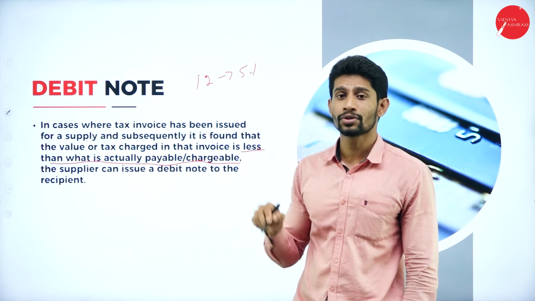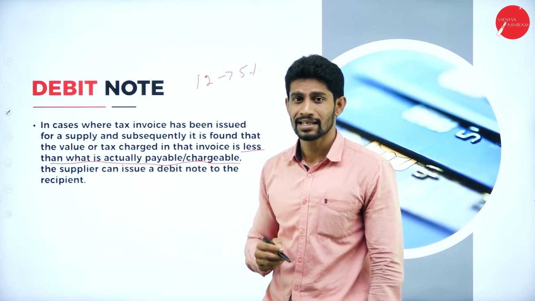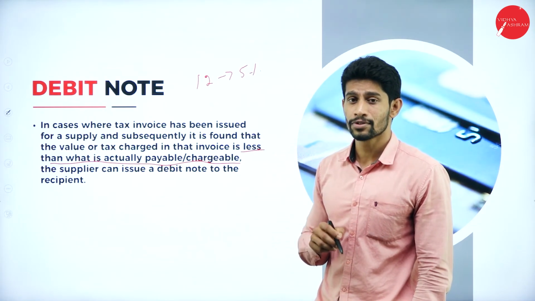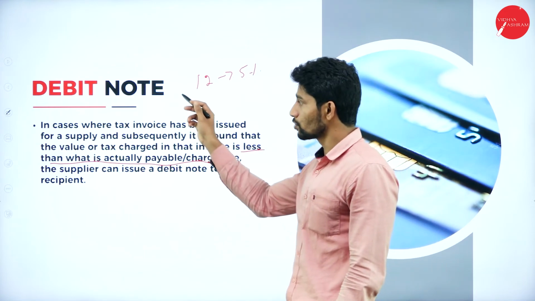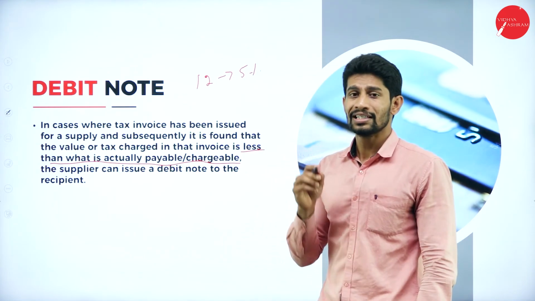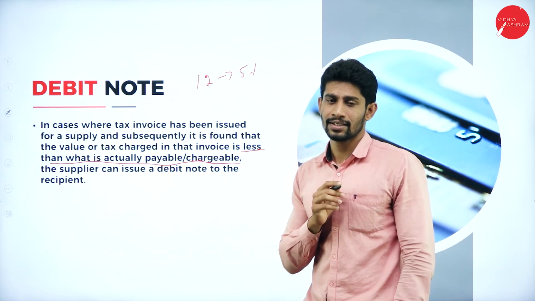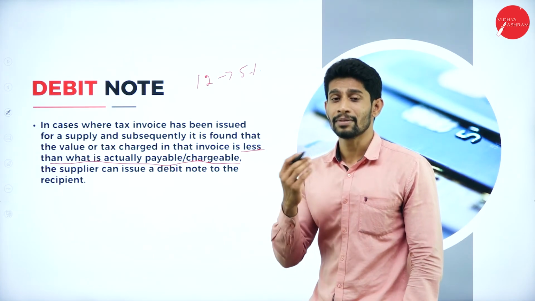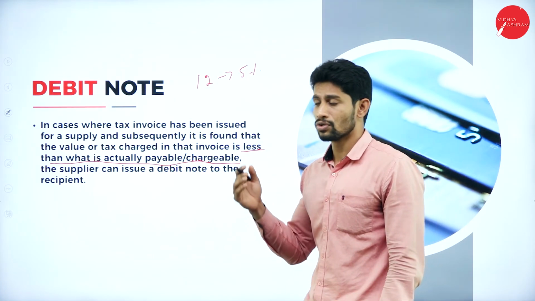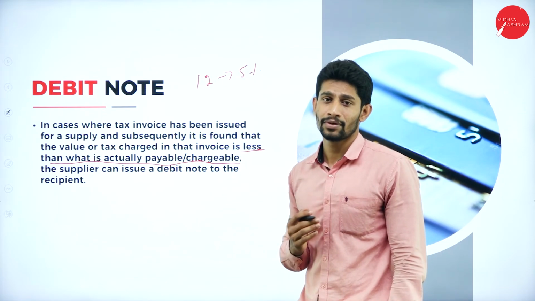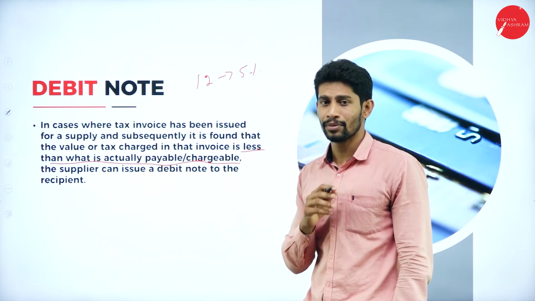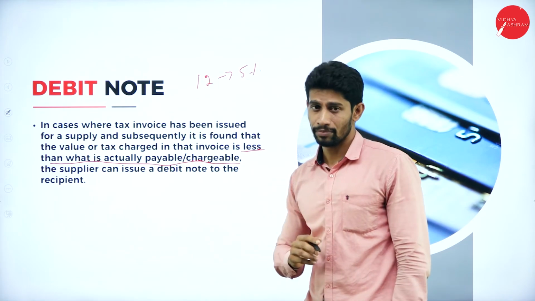Now I am still supposed to collect an extra 7% of tax from the recipient. So what am I supposed to do? I am supposed to issue a debit note to the recipient by stating that I was supposed to collect 12%, but by mistake I collected only 5%, so you still need to pay the extra 7% of tax. By stating this information, you are supposed to issue the debit note.